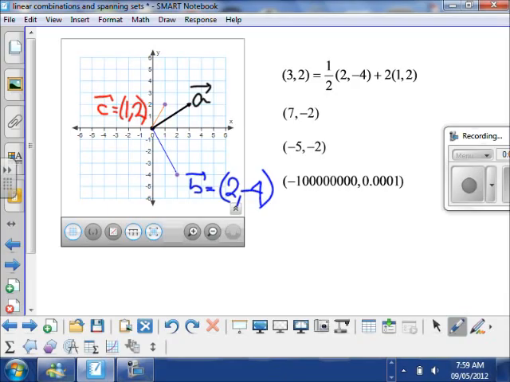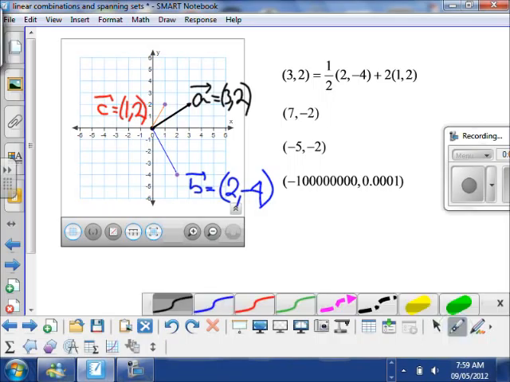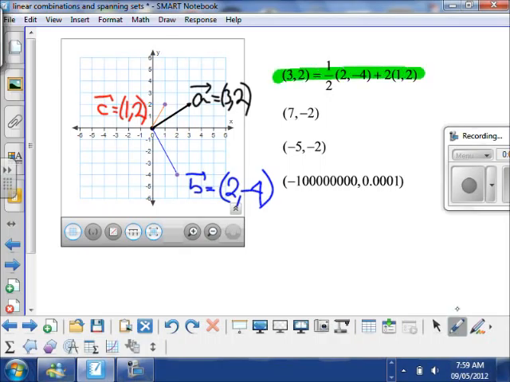I did a little bit of calculations for you, and look what I noticed. I can write 3, 2, which is nothing else but my black vector, as a linear combination of 2 and negative 4, my blue vector, and 1 and 2, my red vector.